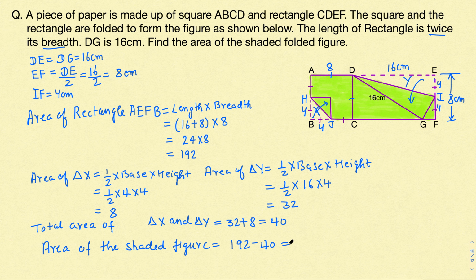So 192 minus 40 will give you 152. So let's write our answer quickly: the area of the shaded folded figure is 152 cm square. So that's the solution of our question.